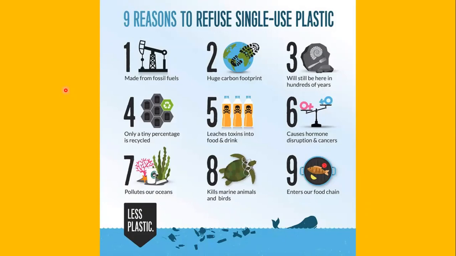Let's suppose that you drank coffee too. You drank 2 cups of coffee. So we have 10 plastic things going to the ocean. So here there are 9 reasons to refuse single-use plastic. What is single-use plastic? It's the kind of plastic that you use only once, one single time.